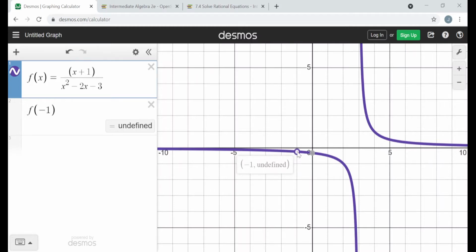There's a hole in the graph. Negative 1, comma, undefined. You see how where my cursor is, there is an empty point. At x equals 3, there's something called a vertical asymptote, that the graph will never touch. But again, we're not going to get into graphing this stuff. I just want to point out that negative 1 can't be plugged in, 3 can't be plugged in.